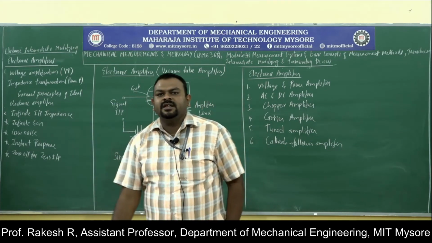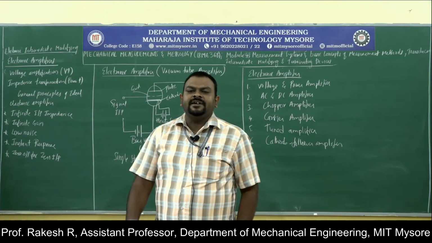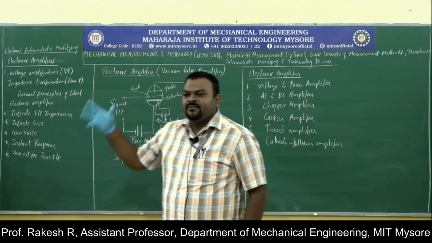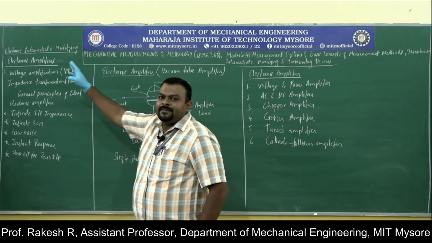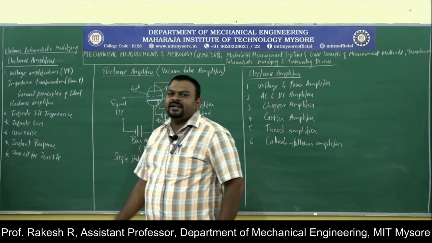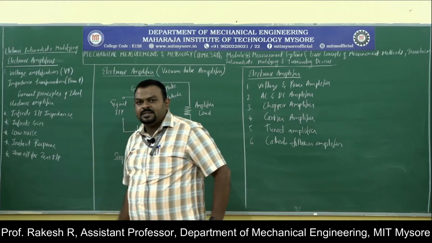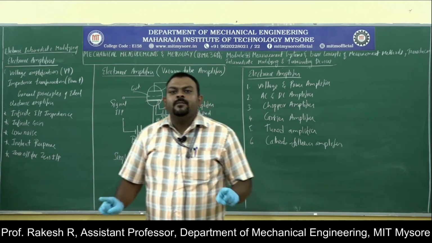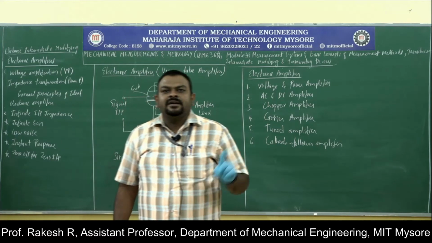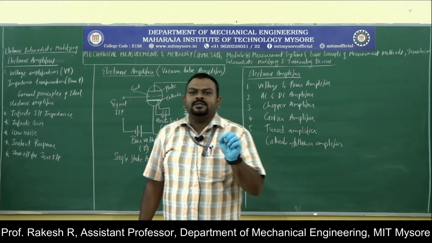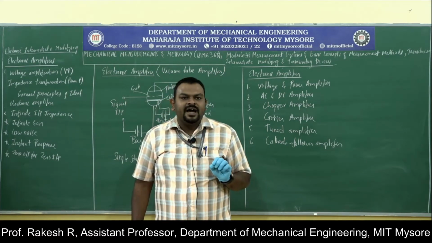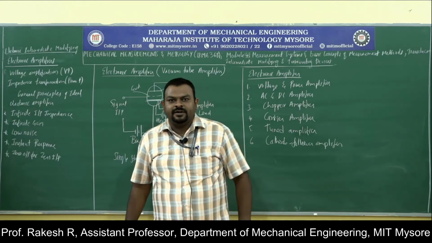In order to overcome the limitation of electrical intermediate modifying devices, we have electronic intermediate modifying devices. The name itself indicates it. It is based on movement of electrons from cathode to anode. Cathode is a good emitter of electrons, anode is a good attractor of electrons.